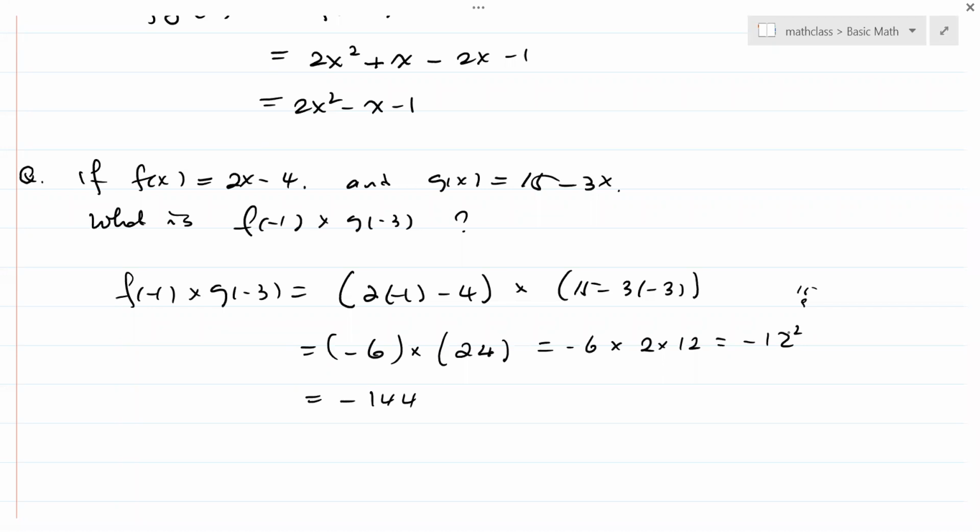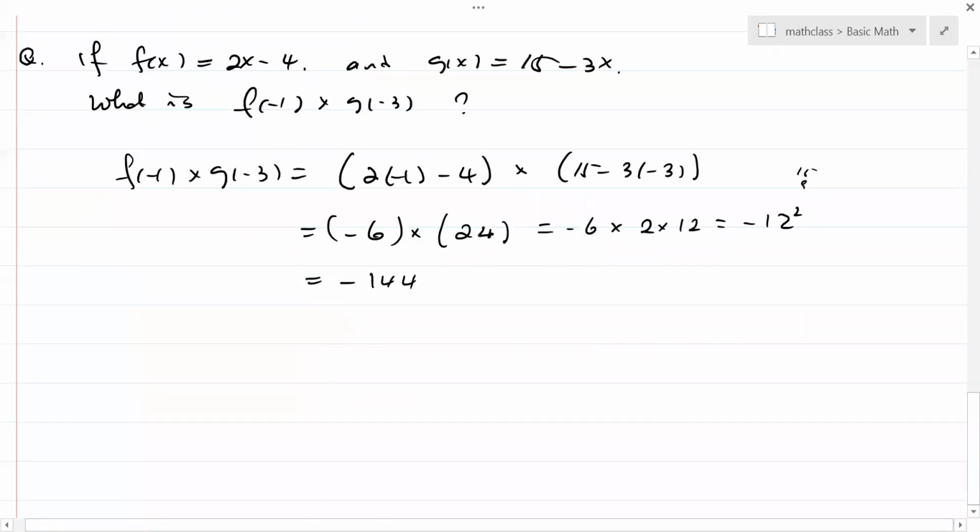Now functions can even have two variables. They can be defined in many different ways. For example, x squared minus y squared is also a function.